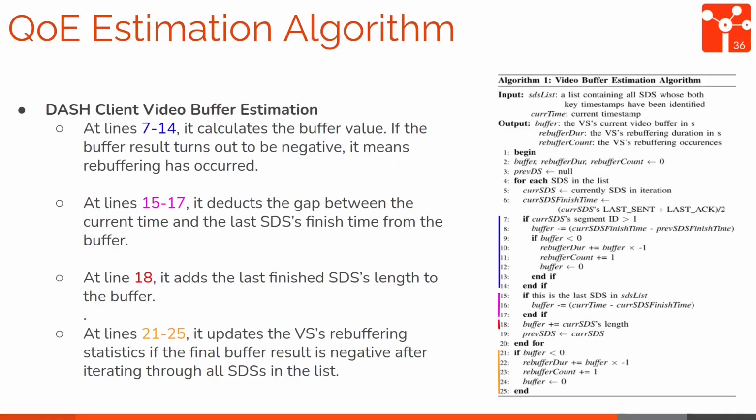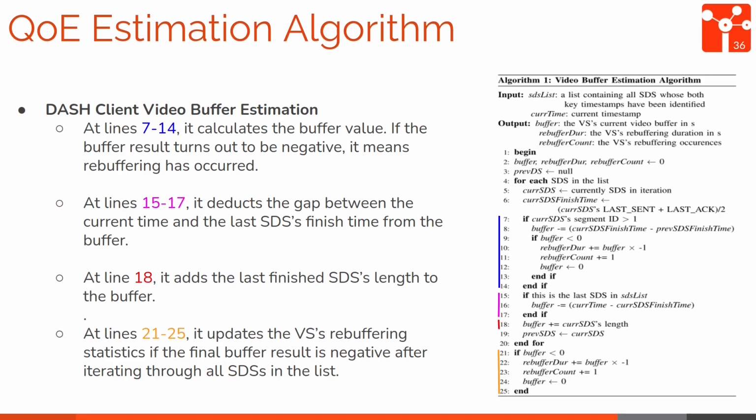In this algorithm, lines 7 to 14 are responsible for calculating the buffer value. If the buffer result turns out to be negative, it means rebuffering has happened. Lines 15 to 17 deduct the gap between the current time and the last segment download session's finish time from the buffer.